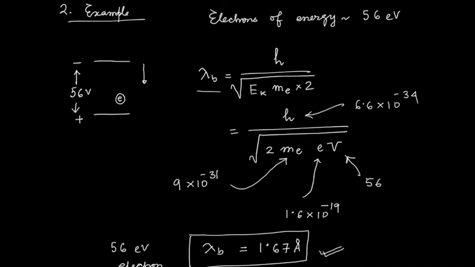This de Broglie wavelength of the electron is quite comparable to the atomic spacing. So we should be able to see these de Broglie waves using crystal spectrometers.